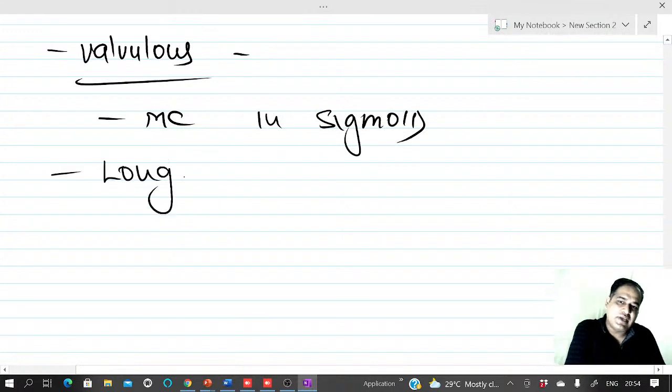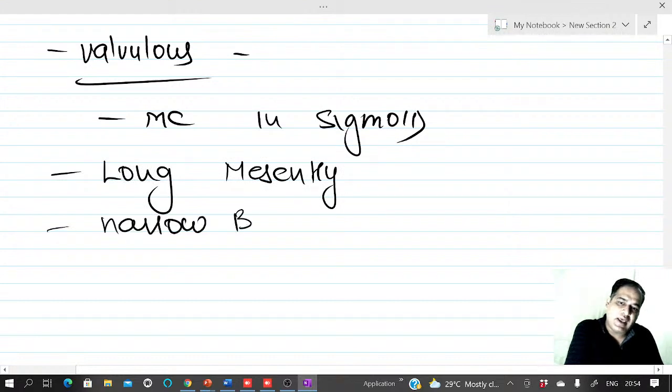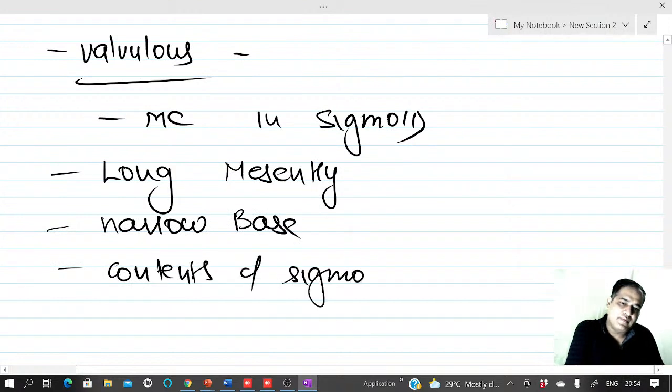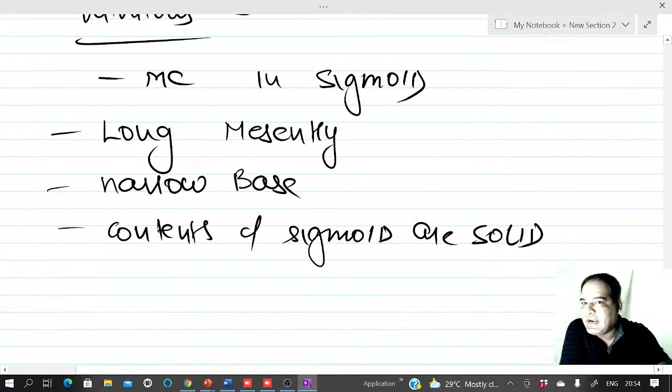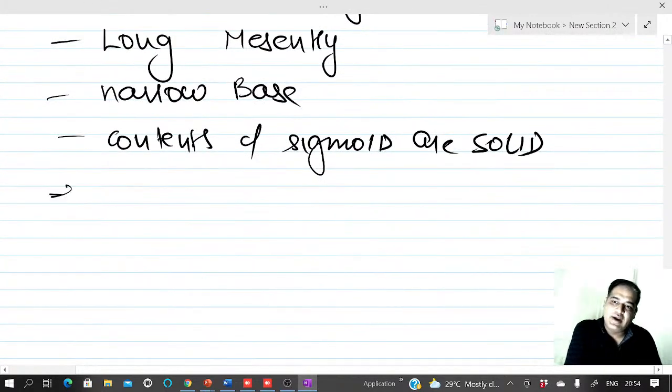Why? Because sigmoid has long mesentery. The mesentery has a narrow base. The contents of sigmoid are solid.